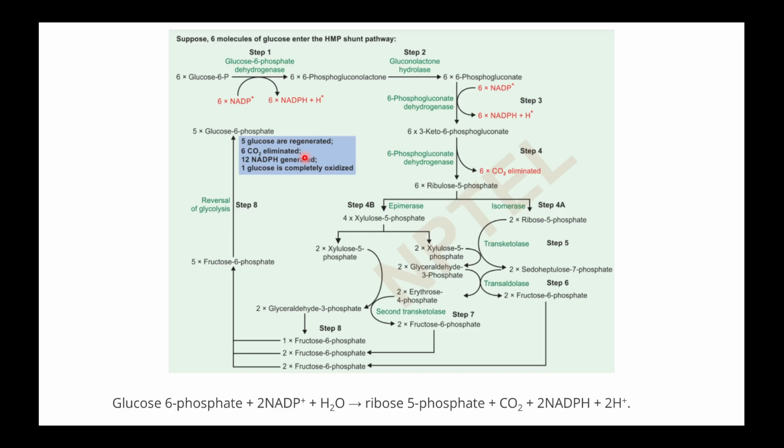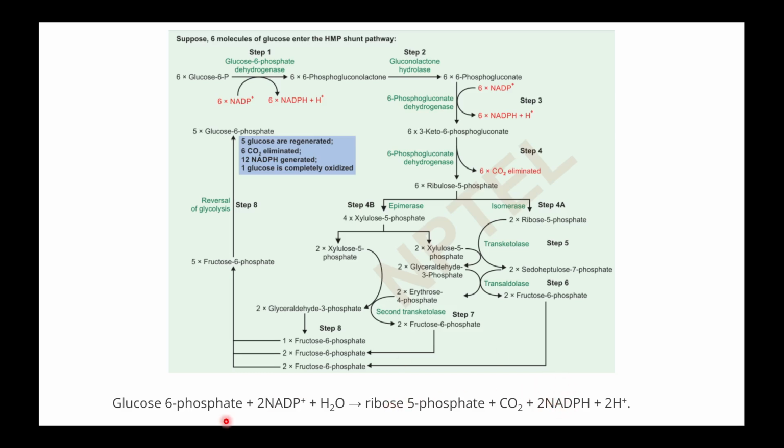Okay. So this is the total reaction of HMP shunt pathway, where glucose 6 phosphate along with two NADP molecule and in presence of water gets converted into ribose 5 phosphate, that is a pentose sugar. I told you the outcome of this pathway is a pentose sugar and a NADPH molecule.